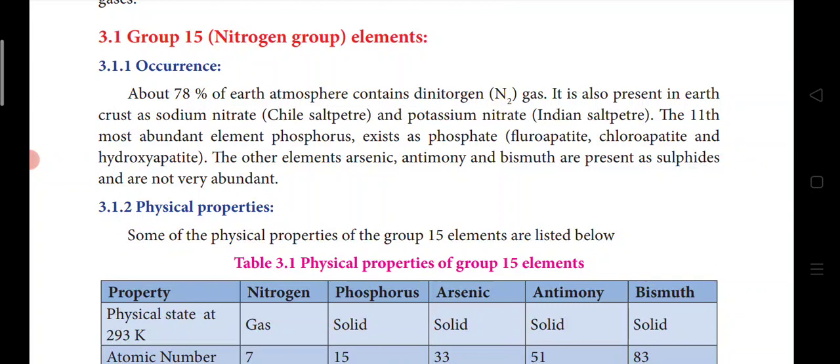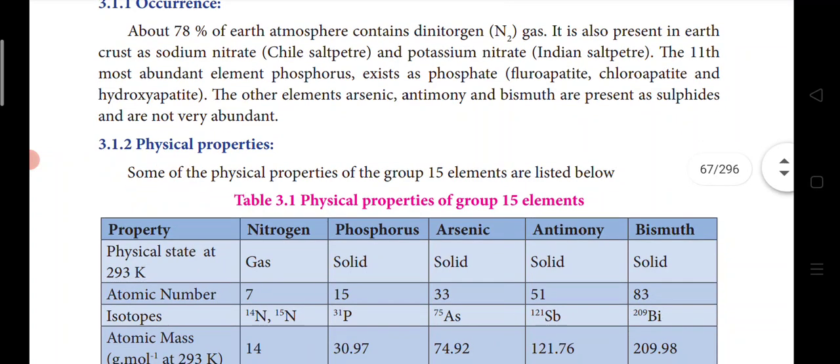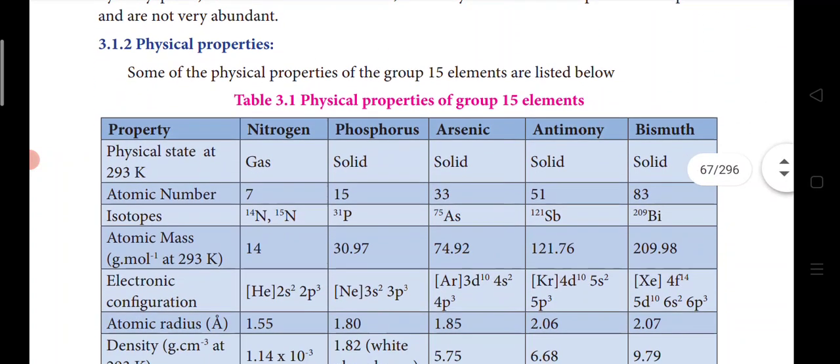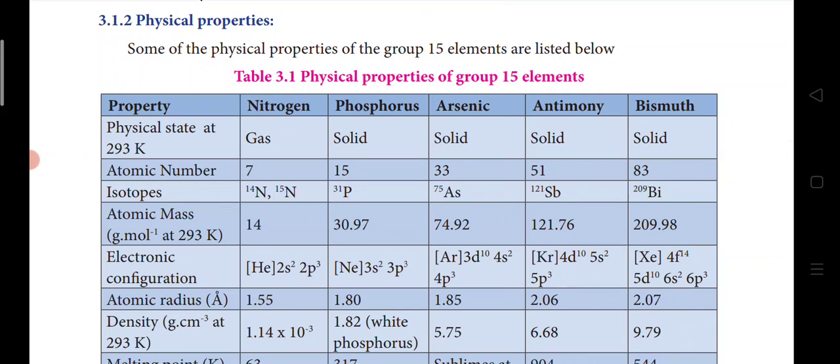Phosphorus, the 11th most abundant element, exists as phosphate, as fluorapatite, chlorapatite and hydroxyapatite. The other elements like arsenic, antimony and bismuth are present as sulfides, and they are not very abundant. Moving on to the physical properties, their physical state: they are all solids except nitrogen at 293 Kelvin.